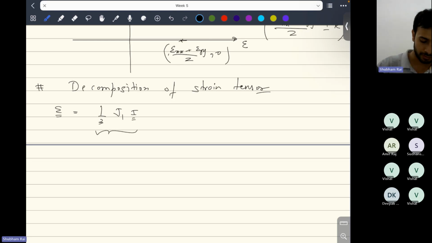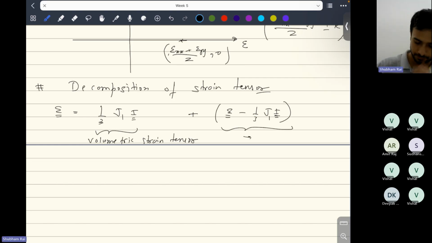This is the volumetric strain tensor. And then from the total strain tensor, if you subtract this volumetric strain tensor, you get the deviatoric strain tensor. So this part is known as the deviatoric strain tensor.